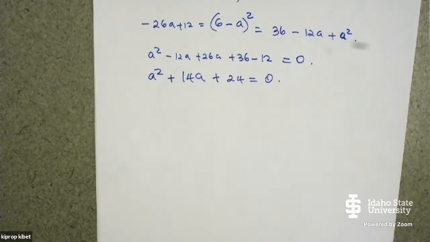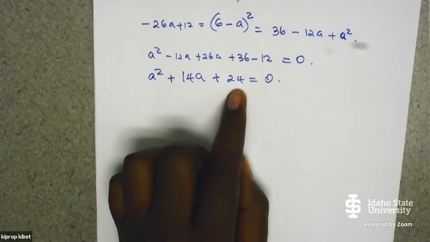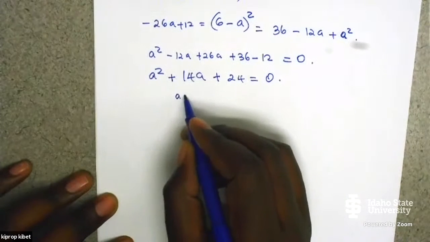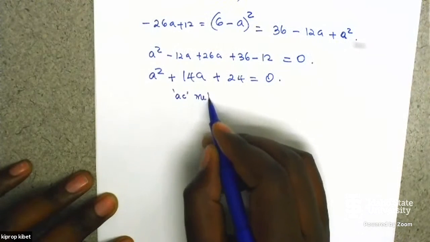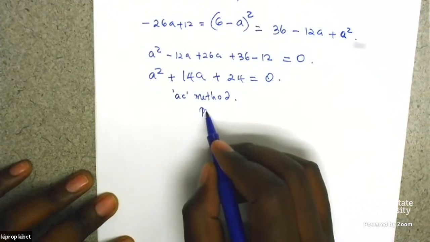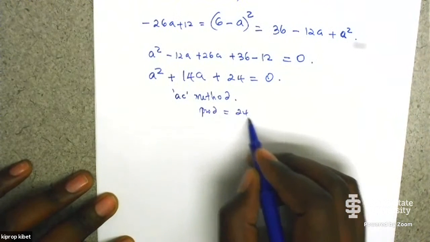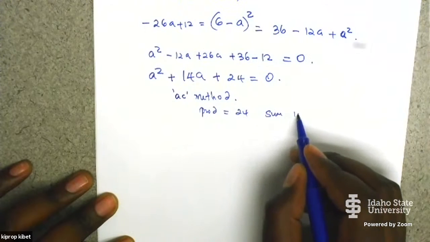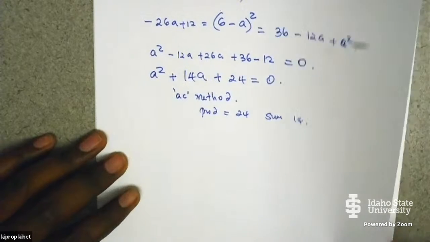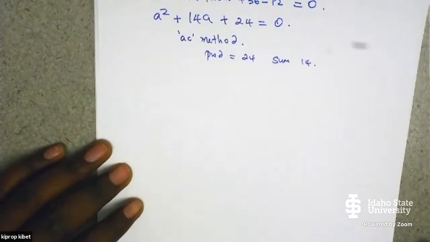Now, in this case, is this a perfect square? It is not, right? Because you cannot get the square root of 24. You now use the AC method. The product is 24, and the sum is 14. What are the two numbers?